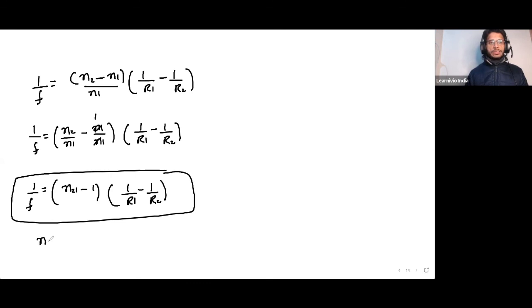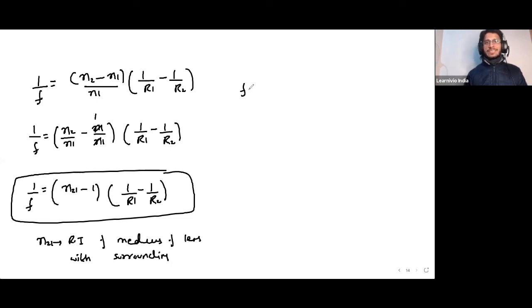So see here, what is n21? It's the refractive index of the medium of the lens with respect to the surrounding. Here f is the second principal focus, the second principal focal length of the lens, and R1 and R2 are the radii of curvature.